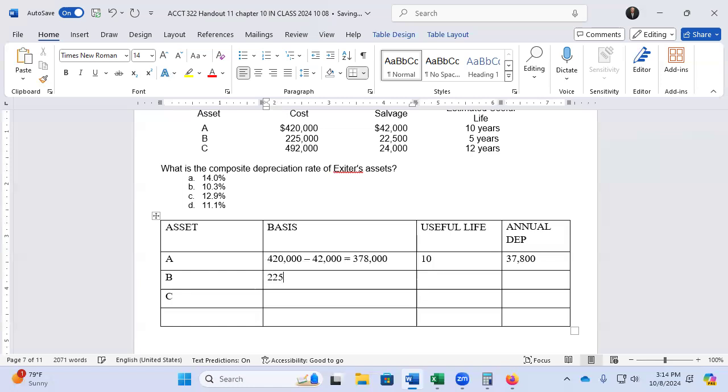B, we have 225,000 minus 22,500. That equals 202,500. The useful life is 5. And so that's 40,500.